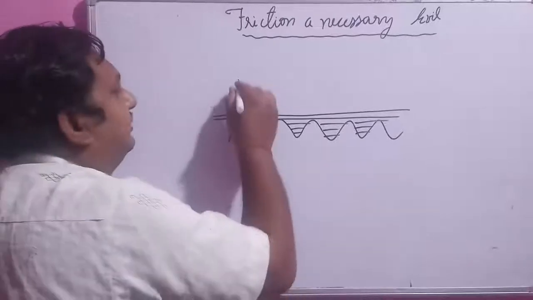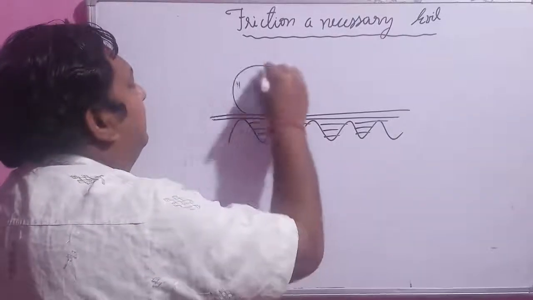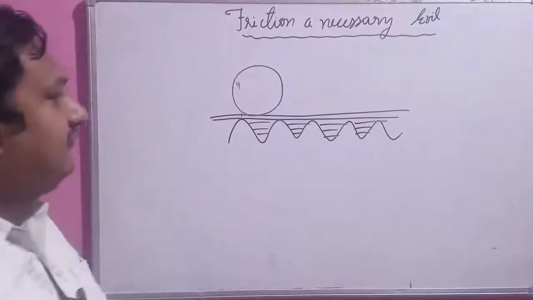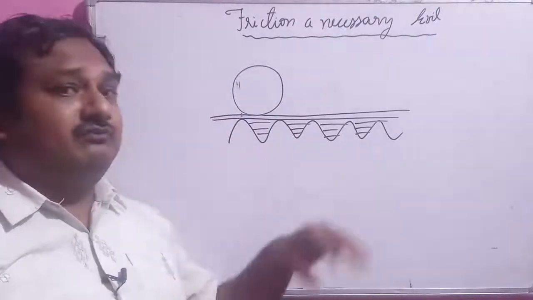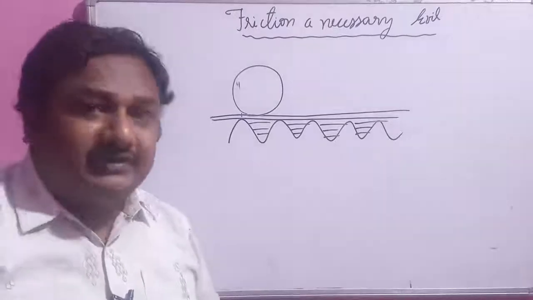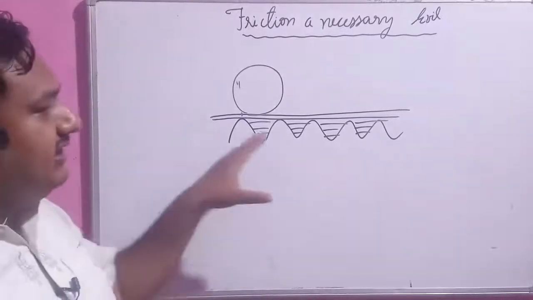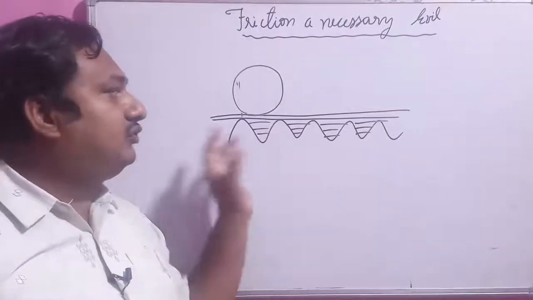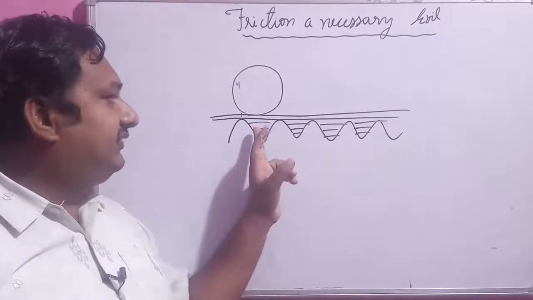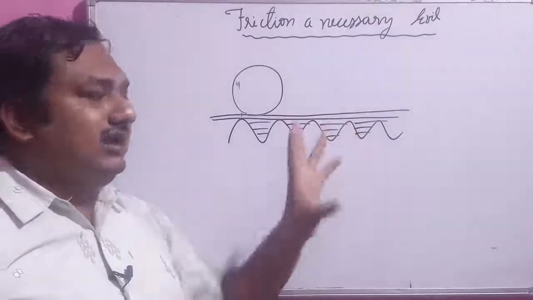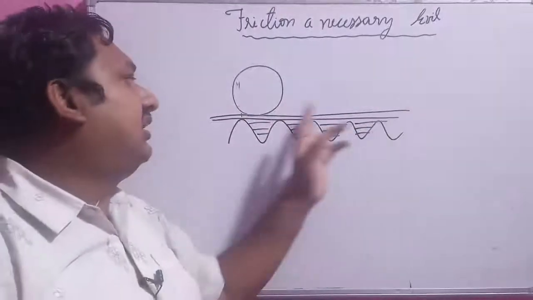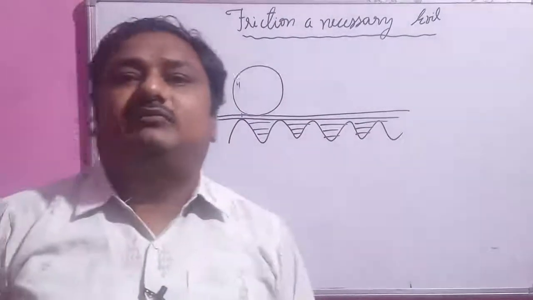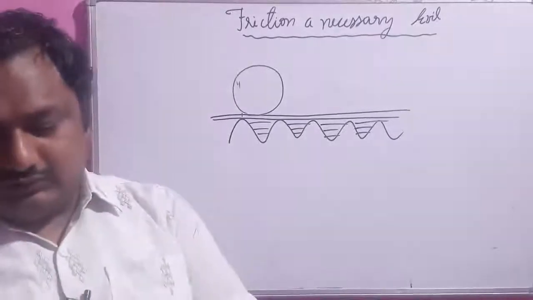Suppose a wheel is there, so there is a friction force between the wheel and the oil, but in this way we can reduce the friction force to a very good extent. So the basic idea is fulfilled: we are filling these valleys with the lubricant oil, so that a thin layer is created, and on that thin layer the motion is performed.